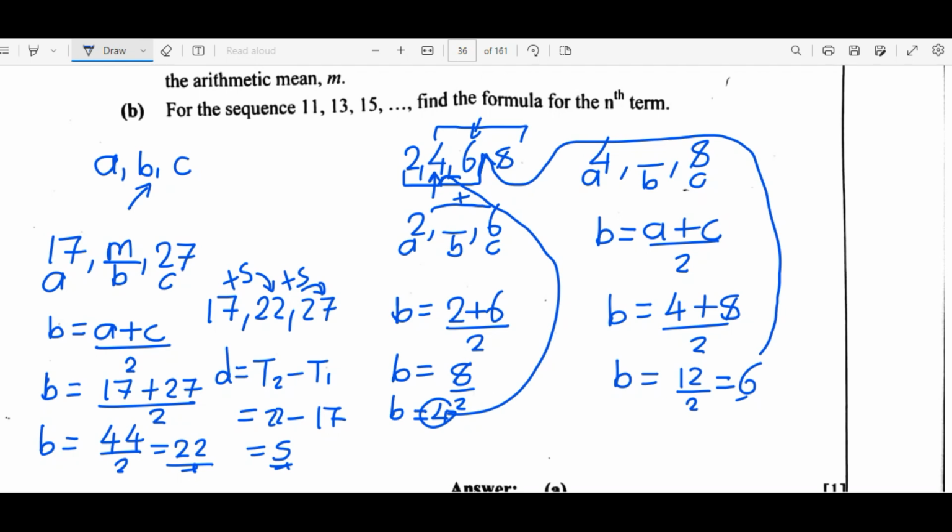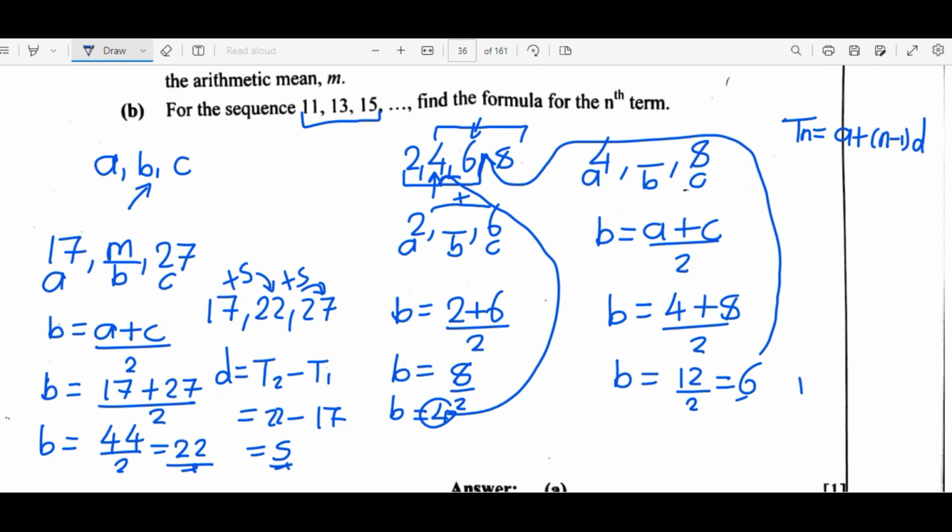Now for the sequence 11, 13, 15, find the formula for the nth term. So here we write the formula Tn is equal to A plus n minus 1 times the common difference. So we need to find the common difference for these numbers. The first term is 11, the second 13, third 15.